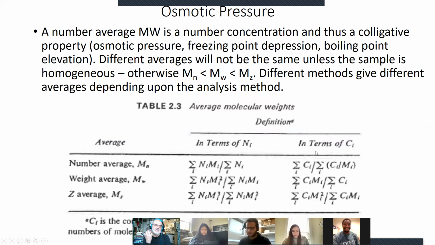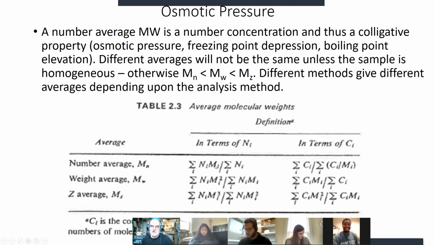There's a table in the book describing different kinds of averages. It's described in terms of numbers of particles, or it's described in terms of concentration. There's something called a number average, a weight average, and a Z average. There's actually a Z+1 average and an N-1 average. There's a whole series of these that one can mathematically express. Notice it follows a trend.